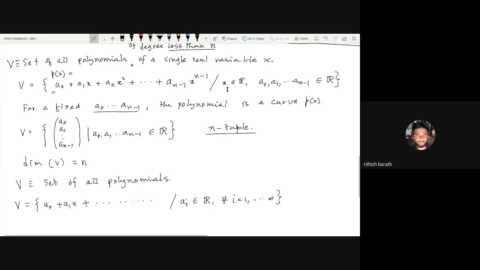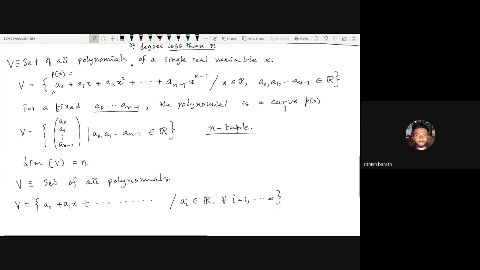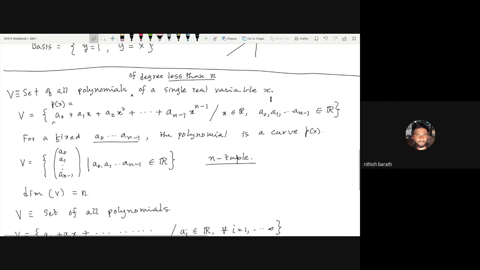Sir, one moment, sir. Yes. In the previous question, I mean the one with degree less than n, if you invoke a condition such that x of 0 equal to 0 and x of 1 equal to 1, will it be a vector space, sir? What? X of 0 is what? Like in the previous case, the same question.